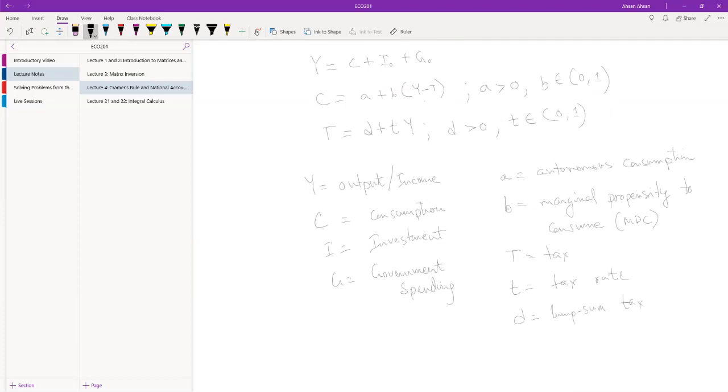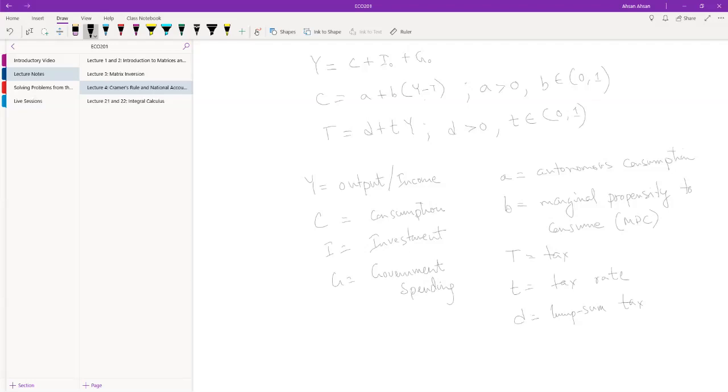Think of municipal tax, for example. If you live in Dhaka city, you pay a tax of 5,000, and that's not really dependent on how much income you have. Just the fact that you live in Dhaka city means that you pay a D amount of tax, let's say 5,000, plus you also pay a certain percentage of your income as tax.